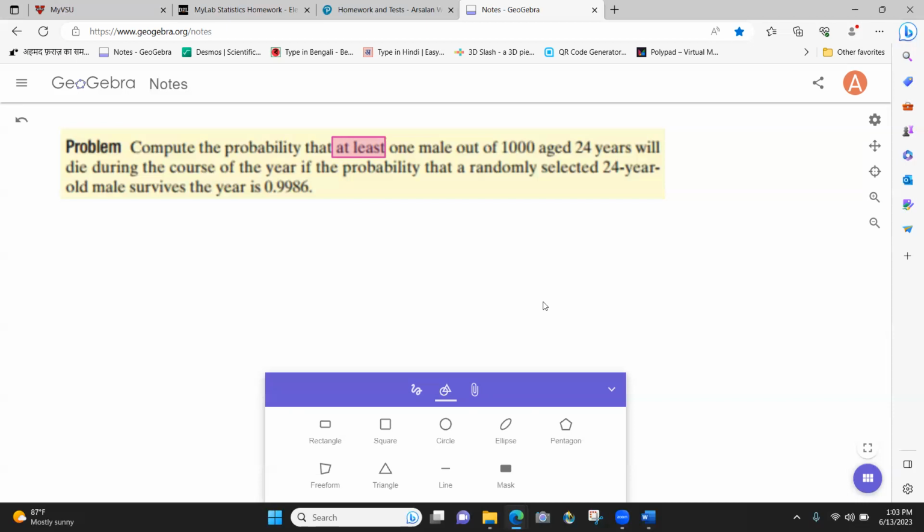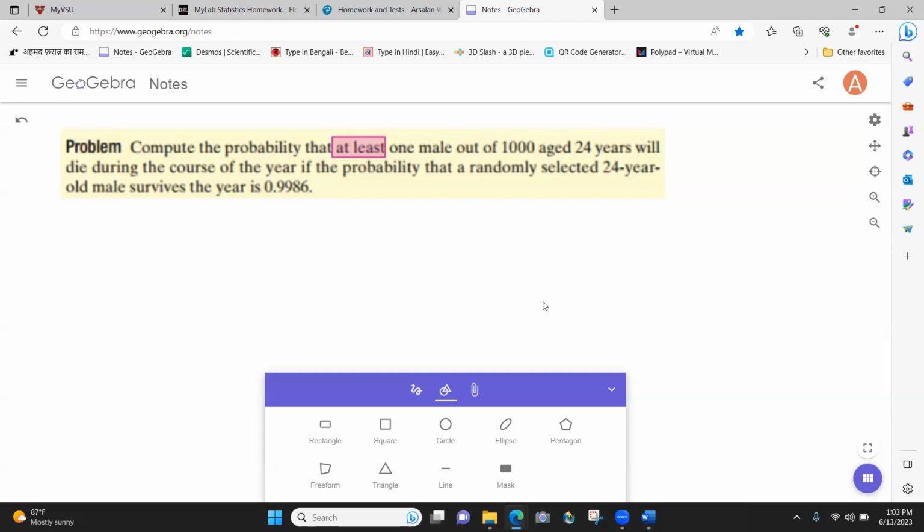But remember how we talked about complementary events? From the previous lecture, complementary events are two events that cover the whole sample space and are disjoint. They are mutually exclusive. They don't overlap. So bear with me a little bit. What's going on here? At least one male out of 1,000 aged 24 years will die.